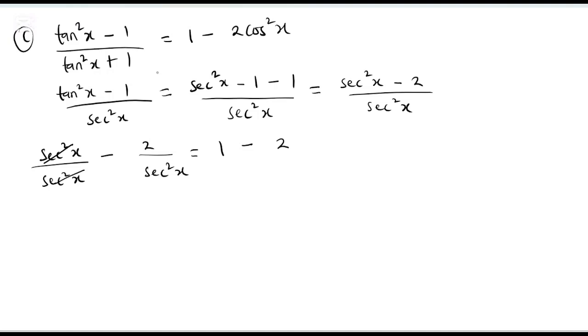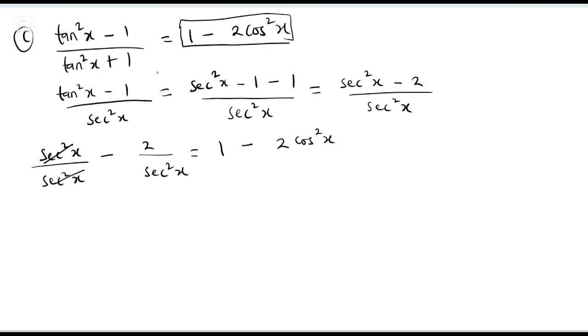So 1 over sec squared x is the same thing as cos squared x. So I can say this is the same thing as 1 minus 2 cos squared x. So this identity is correct.